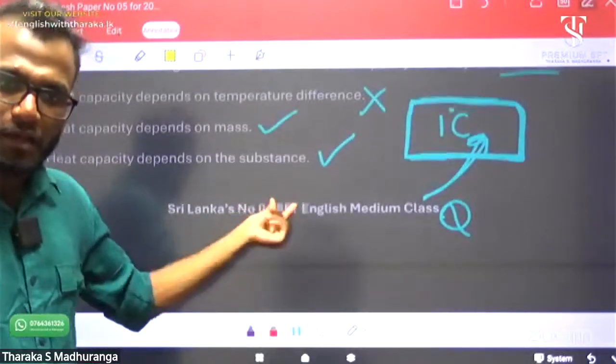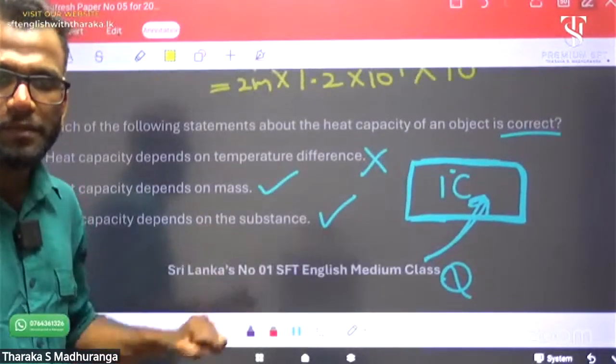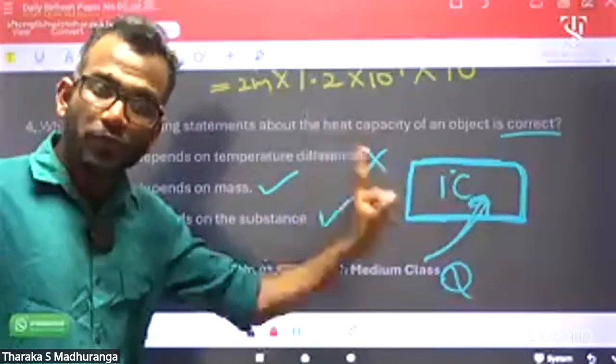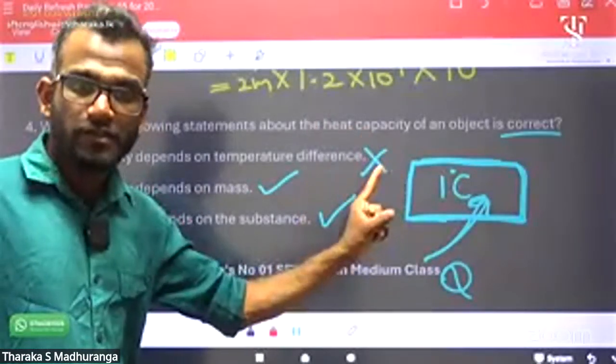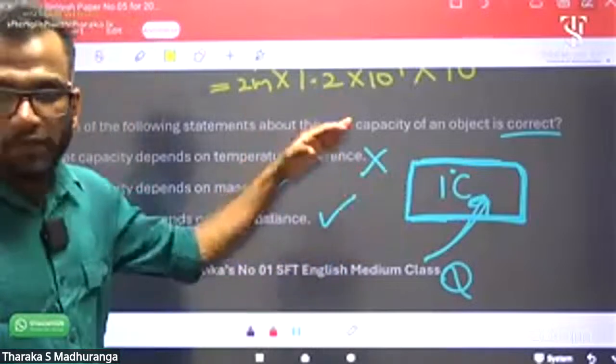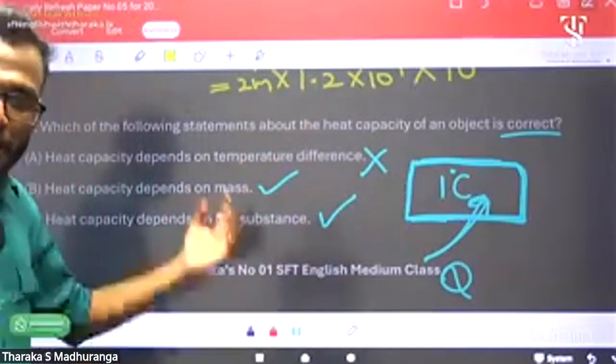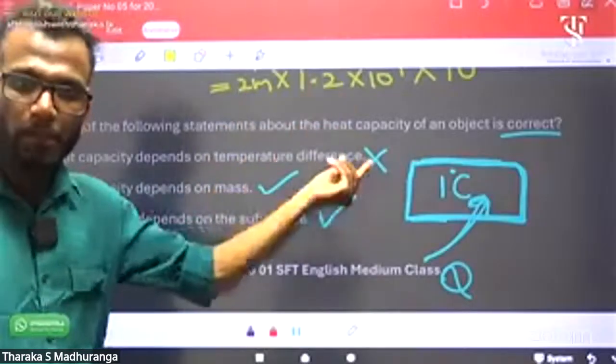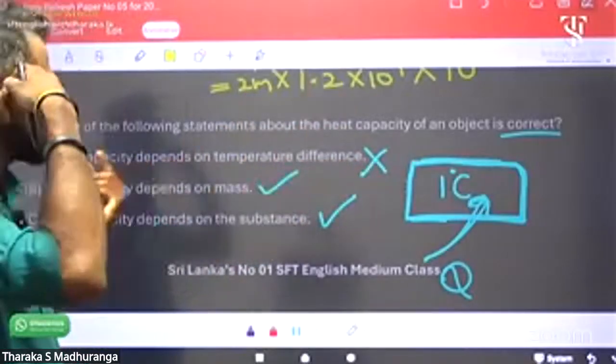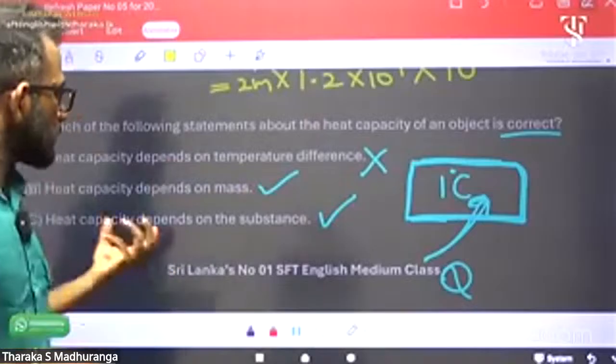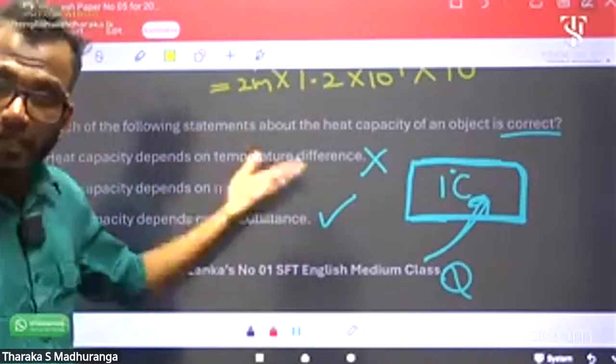Dihini, understood? Temperature difference is not effective because it is per 1 Celsius. But when mass changes, the heat capacity changes. When substance type changes, the heat capacity changes.